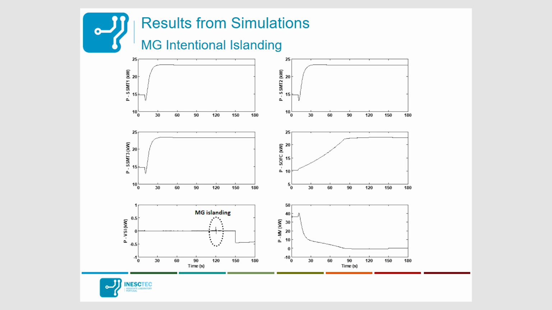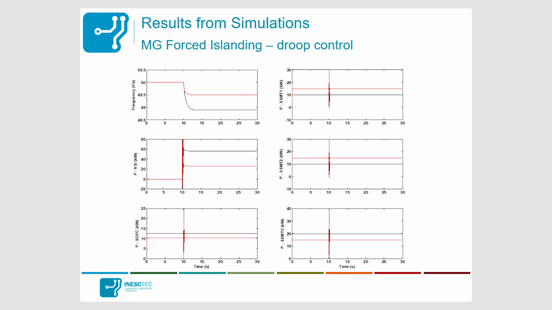And then, for instance in this case at 120 seconds, we perform the islanding. Since everything has been balanced before, there was almost no problem at all in this islanding.